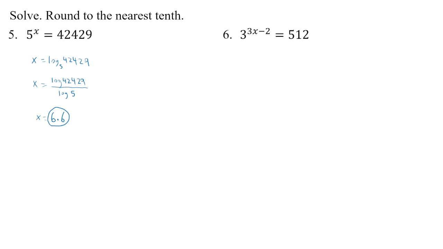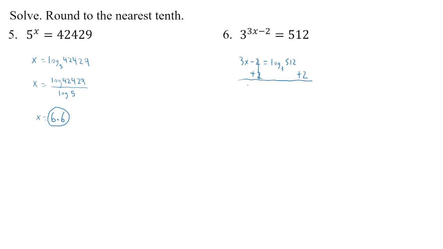Next, we have 3 to the 3x minus 2 power equal 512. So we write it in logarithmic form. This is 3x minus 2 equal log base 3 of 512. And what we're going to do is we're going to solve for x, but we're going to isolate it. We're going to add 2 to both sides.